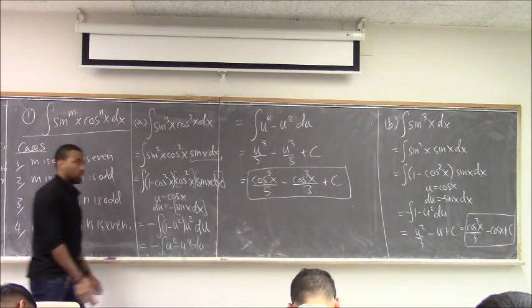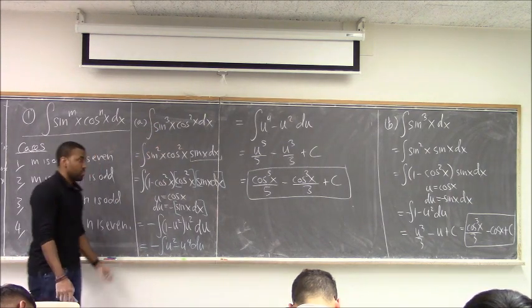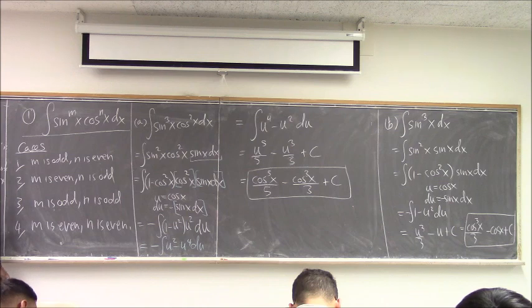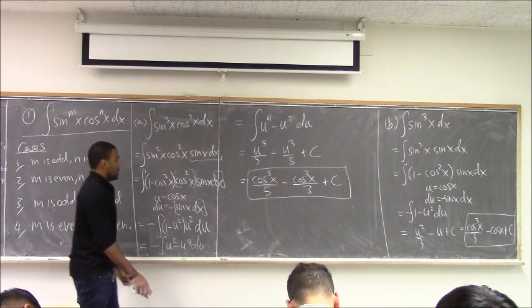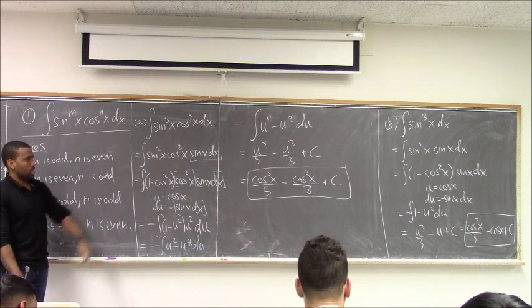That's case 1. Whenever you're in a situation where your power of sine is odd and your power of cosine is even, you save one of the sines, change all the other sines to cosines, and then do a u equals cosine substitution.